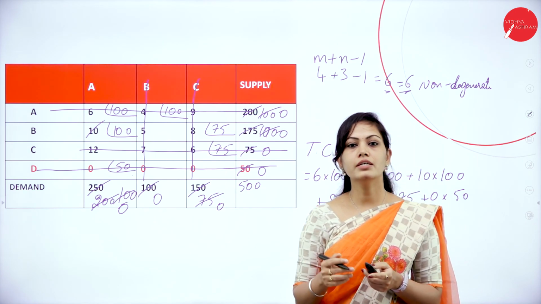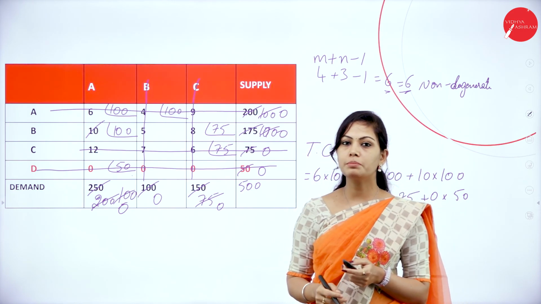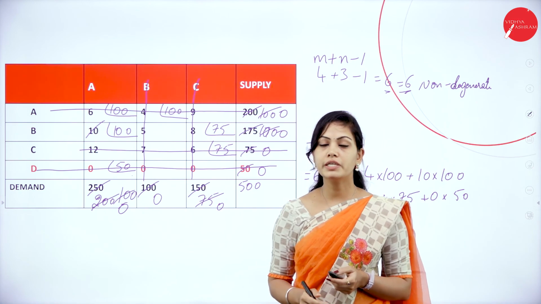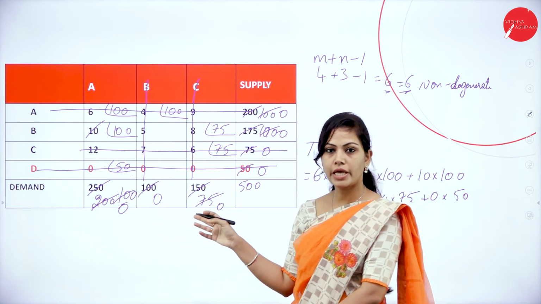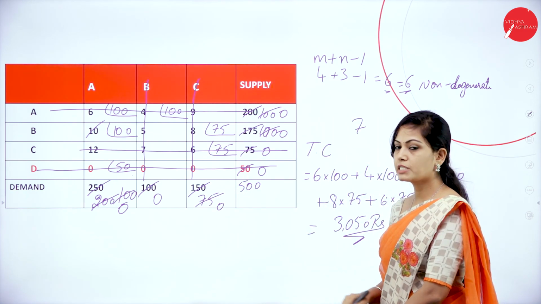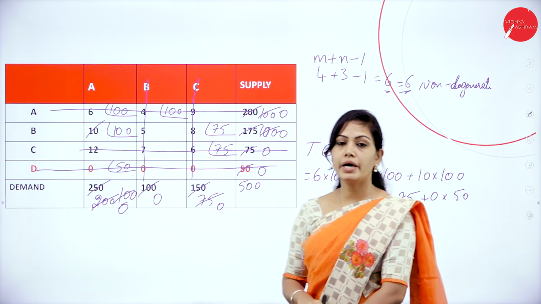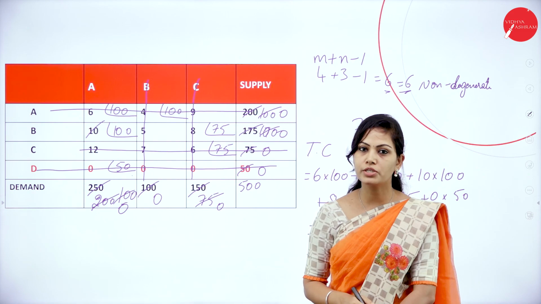These three are the types of transportation problem. It is a very important and very interesting concept. Definitely you can score on this topic. This is a very important chapter for 7 marks. In this chapter you can expect 7 marks by using northwest corner, least cost method and Vogel's approximation method.